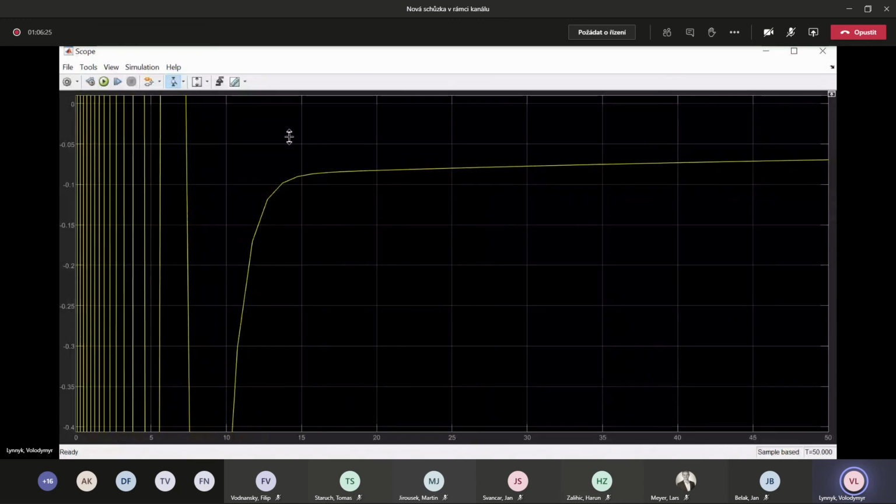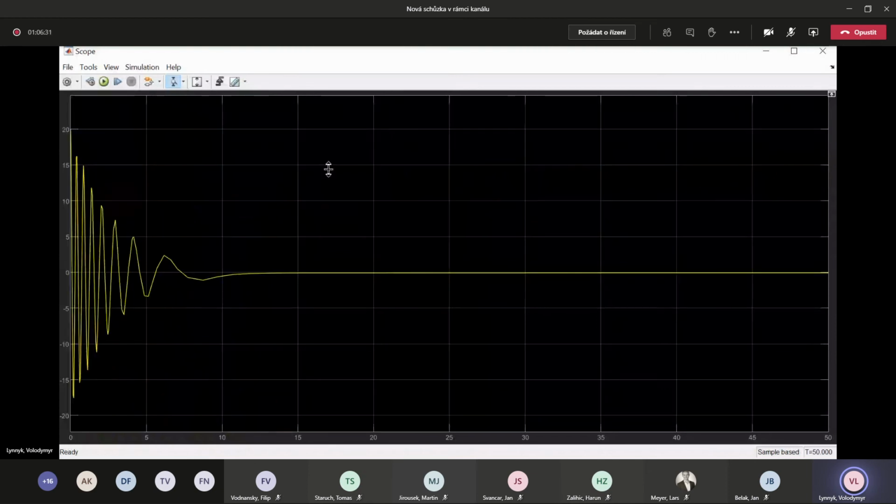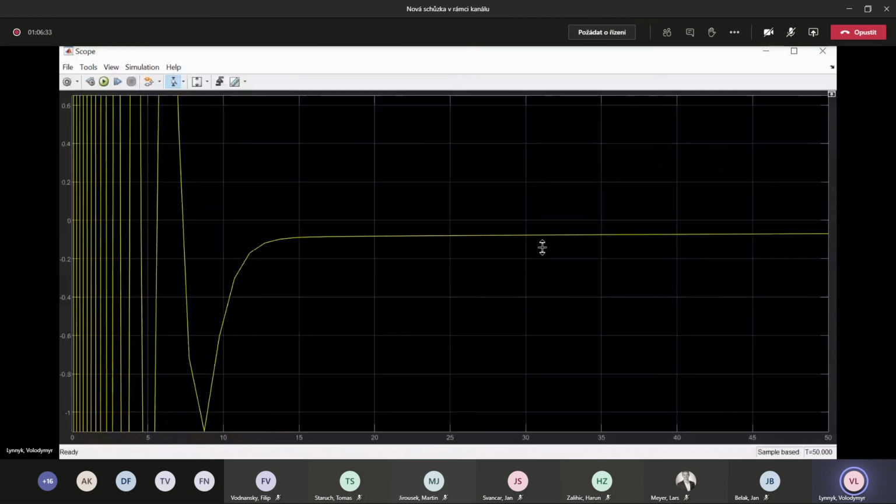Okay, so maybe here it's very close to 0. And you can see from this example that we can try to choose different Lyapunov functions.